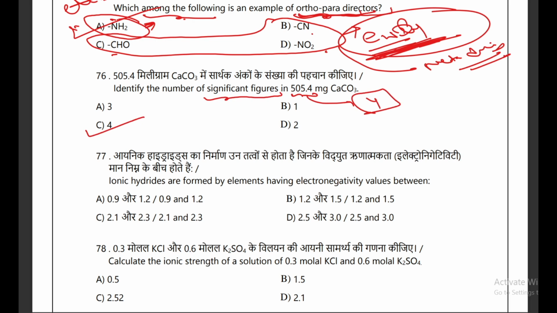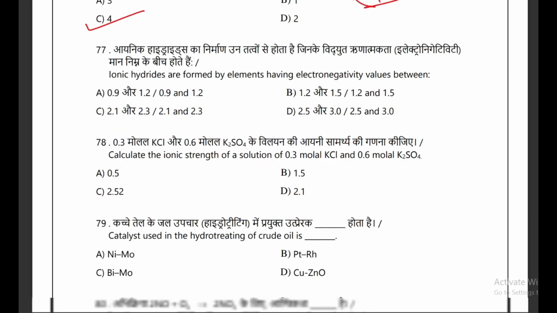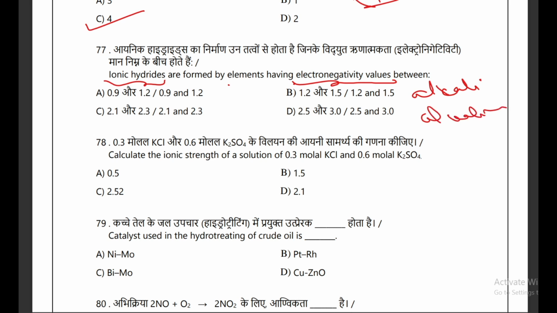In the next question, ionic hydrides are formed by elements having electronegativity value between this. Actually, ionic hydrides are typically formed by alkali metals and alkaline earth metals.